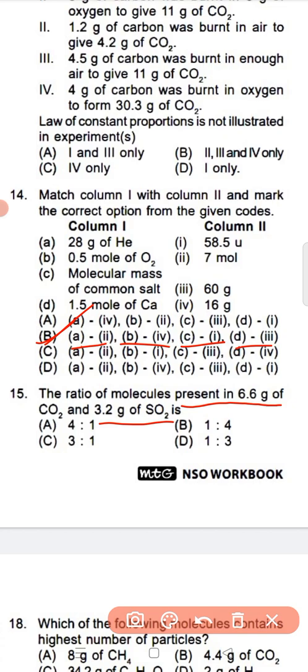So question number 15, option C is the correct answer, 3:1. Sulfur dioxide molecular mass you can find out, number of the moles, number of the molecules you can find out, and for carbon dioxide also you have to find the same thing.